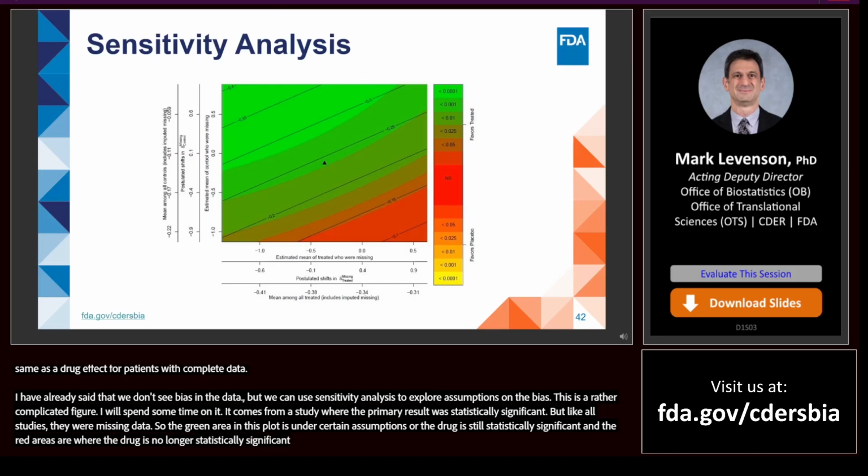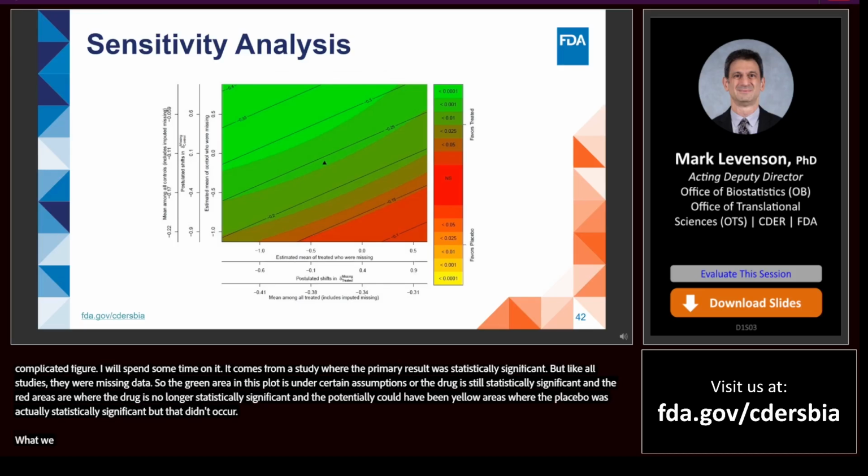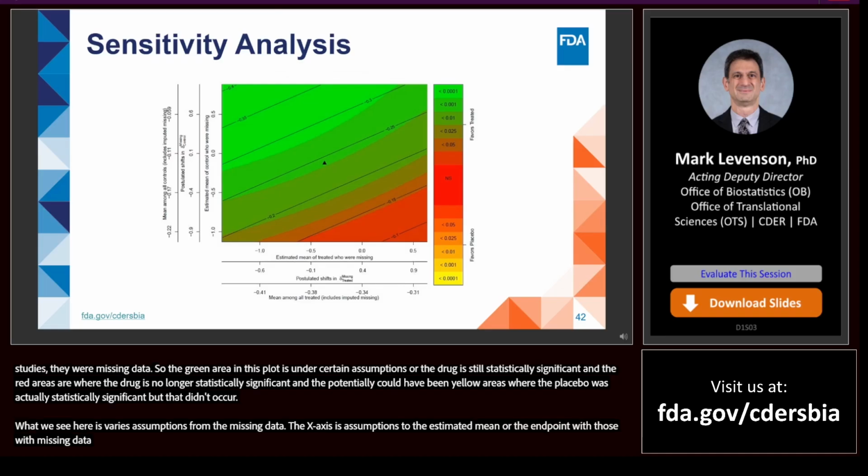What we're seeing here is various assumptions of the missing data. The x-axis is assumptions on the estimated mean of the endpoint for those with missing data for the treated group, and likewise the y-axis, the vertical axis, is assumptions for the estimated mean of the control group with missing data.